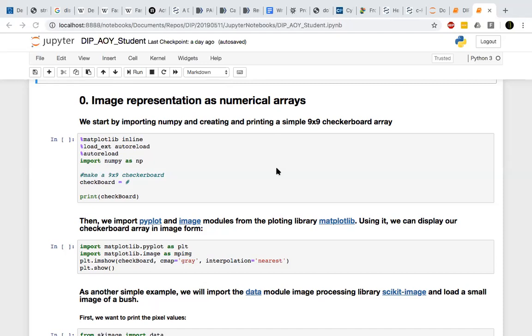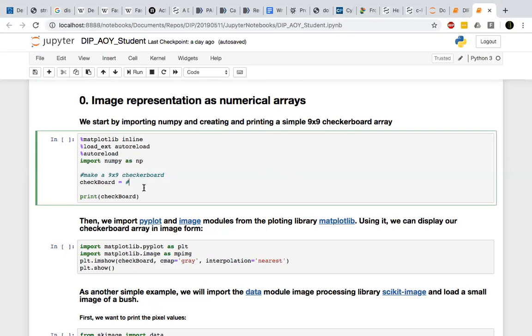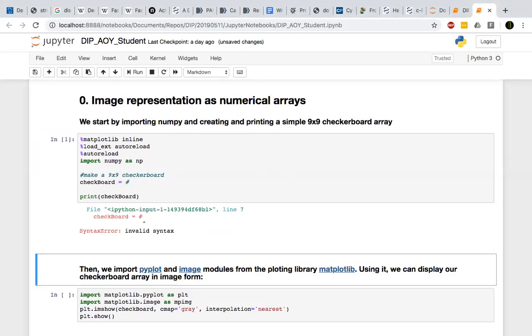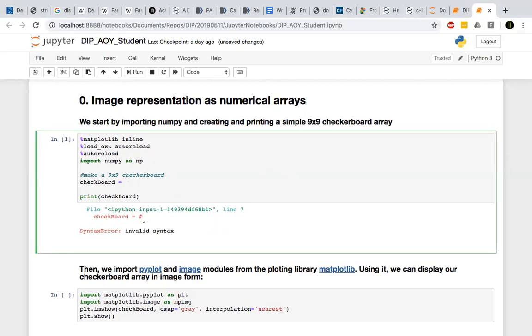Now if you look at the code, this is a student notebook, and you see that there are a lot of places that are empty. So if I try to run this, it's not going to run, right? And it's your job to fill out the parts that are not running. Oh, sorry.